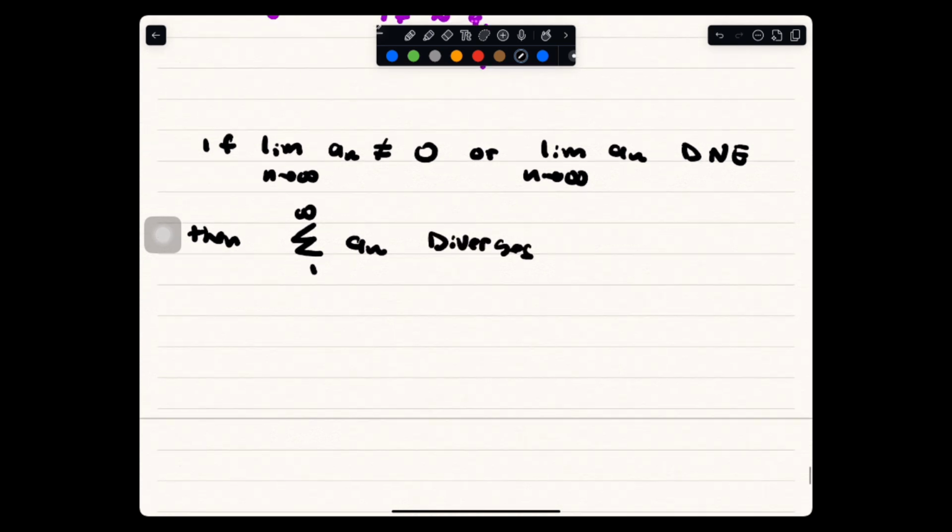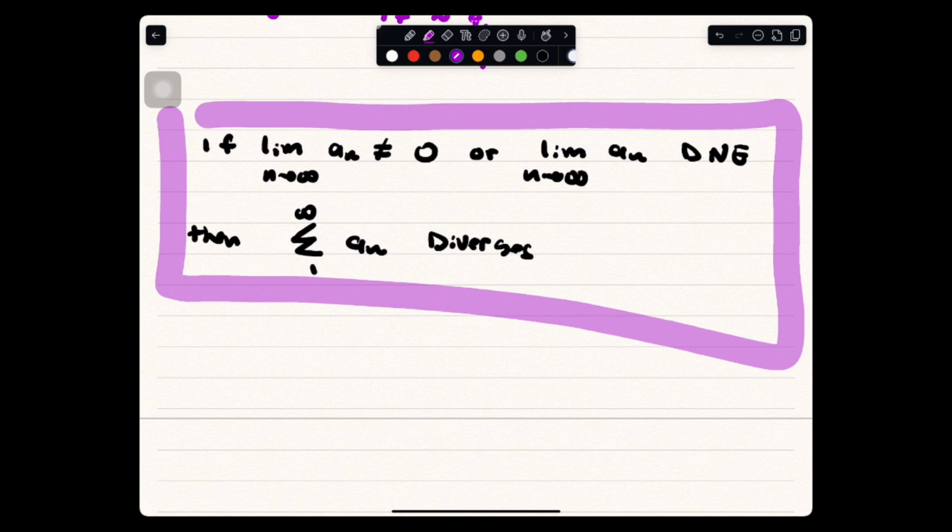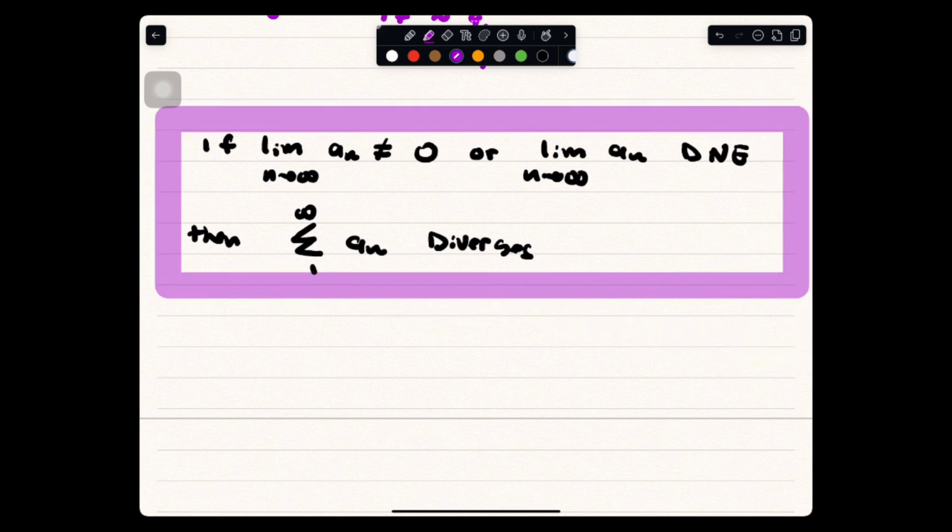This, ladies and gentlemen, is gold. Do you guys know why this is gold? This gives you what we call the test for divergence. The divergence test for short.